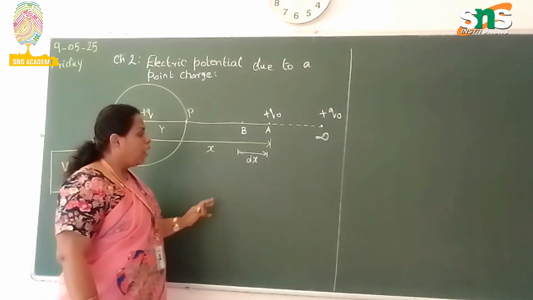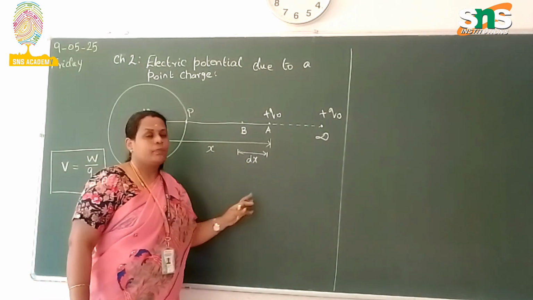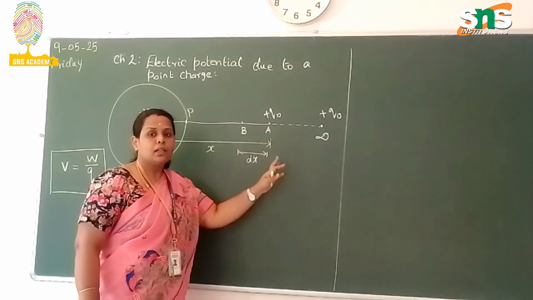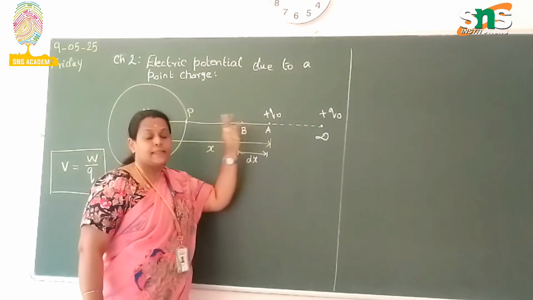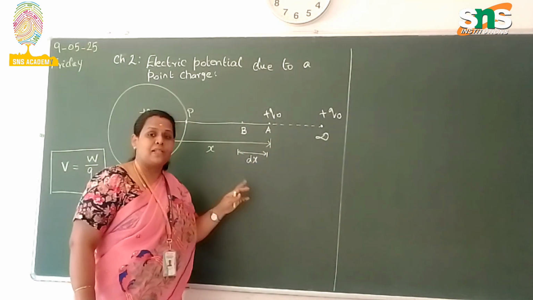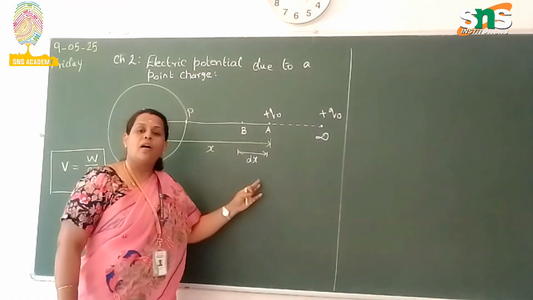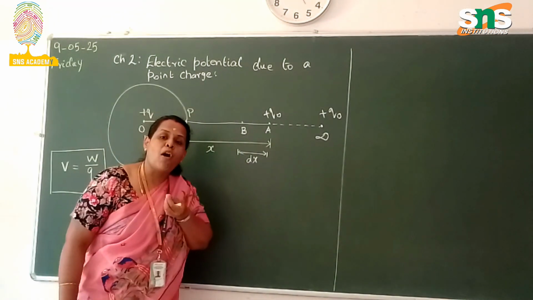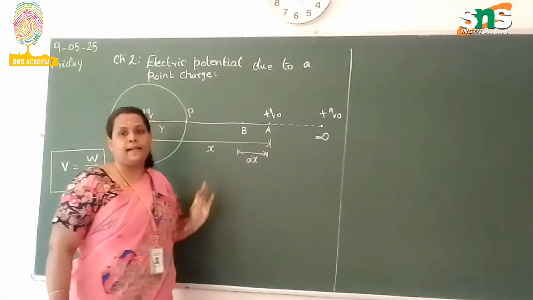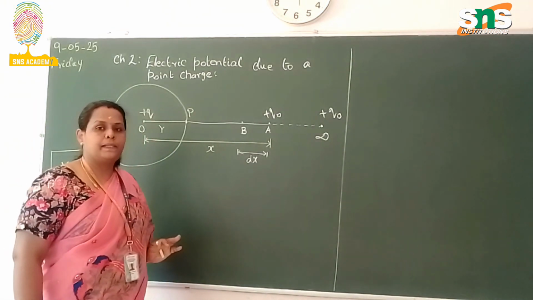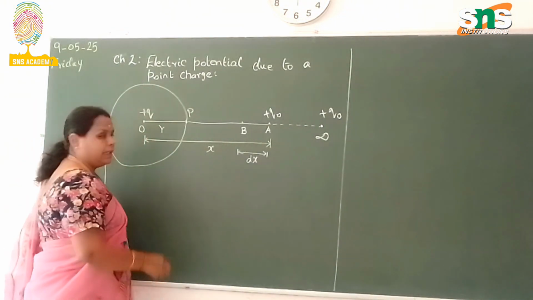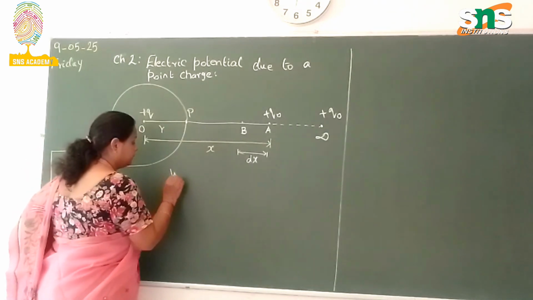Here we are doing some work by bringing this unit positive test charge plus Q naught from A to B, and since it is a small displacement, we mention it as dx. Hope it's clear. Now I am going to write the work done.